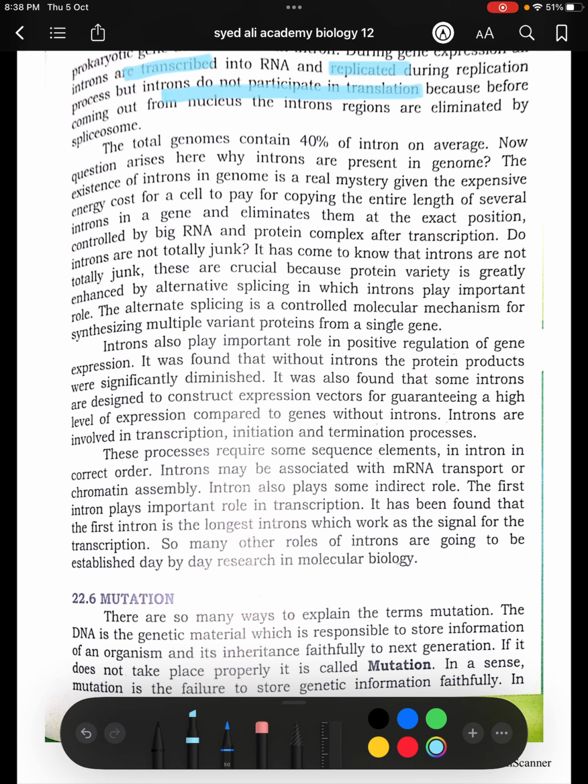They do replication and transcription, because before coming out of the nucleus, the intron regions are eliminated by the spliceosome.